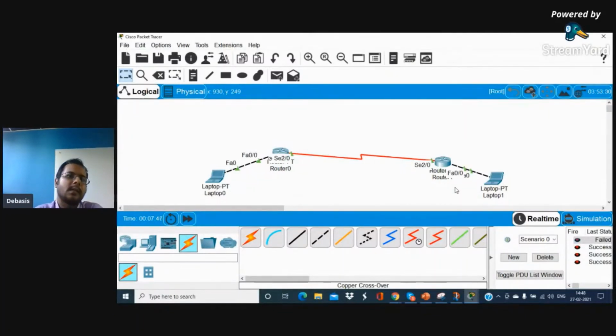On the DCE side, the clock rate is used to synchronize the signal between the customer router and the ISP router. There are many clock rates. We usually use 64000, but it can be 128000 or beyond. But some routers do not support higher clock rates, so for Cisco CCNA, it is better to use 64000.